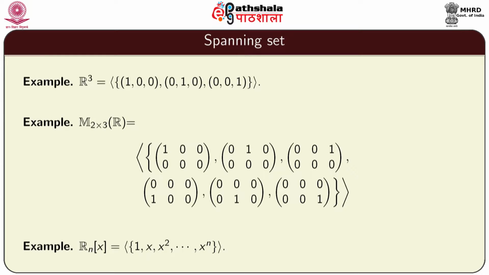And what is important is that any polynomial whose degree is at most n and having real coefficients can be expressed as a linear combination of these monomials. So, again we have a spanning set for the vector space R_n[x].